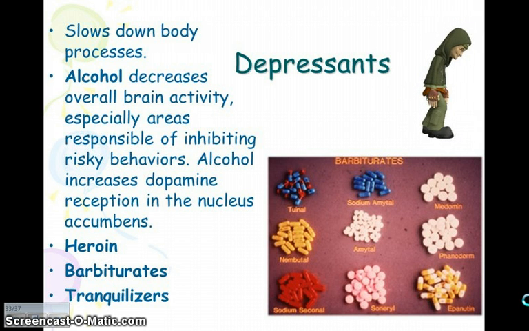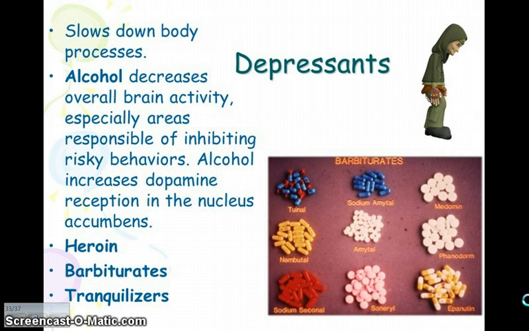That's why, even though alcohol is a depressant, a lot of times people will act out and do things that seem very bizarre, very different than what they normally would do, because those areas of the brain that typically inhibit those risky behaviors are being affected by the alcohol.